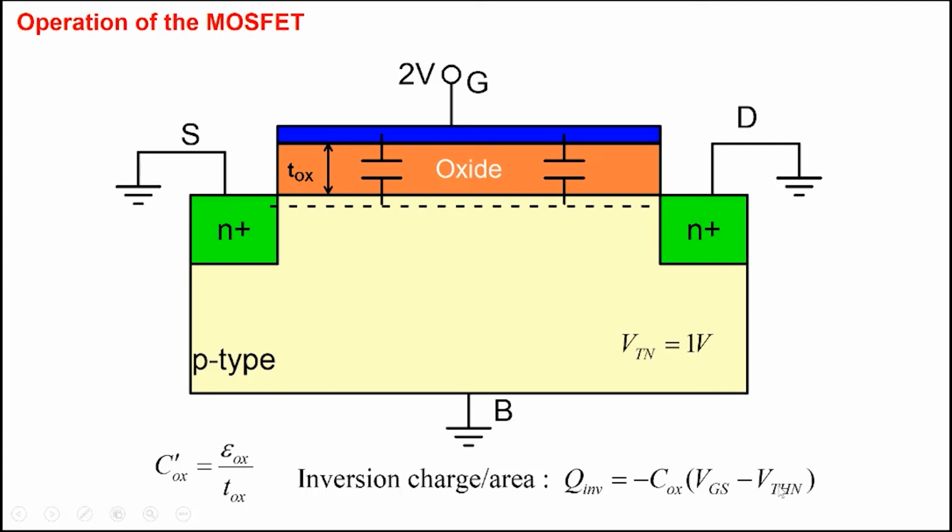When the gate voltage is less than the threshold voltage, there are electrons at the surface, but they are very small in concentration. So we can calculate how much inversion charge is there using this relationship if we know the value of the threshold voltage.